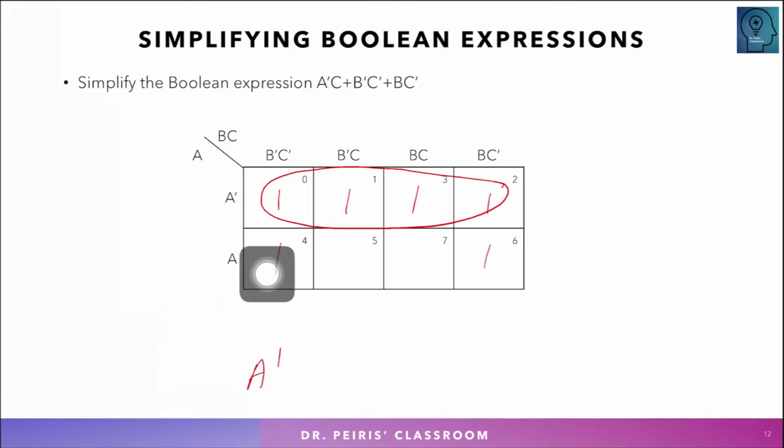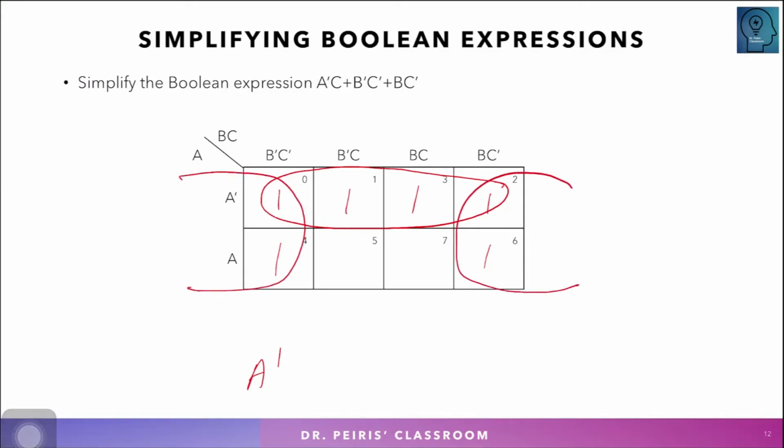Now how to group these? So this column and this column are adjacent, so you can group 4 and 6, but that is not the best way to do it, because we can do a group like that, which means I can group 4 ones in that single group. If I do only 4 and 6, it gives me only 2 ones. But if I group this way, it gives me 4 ones, which means it is going to reduce 1 literal.